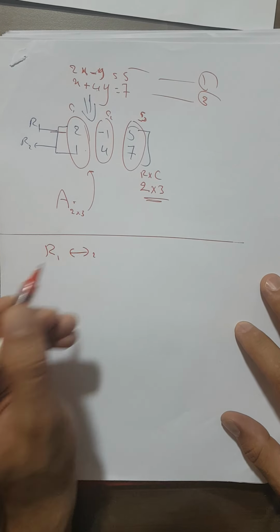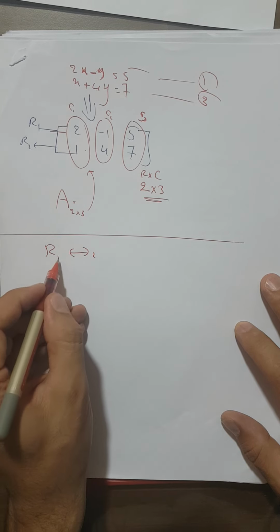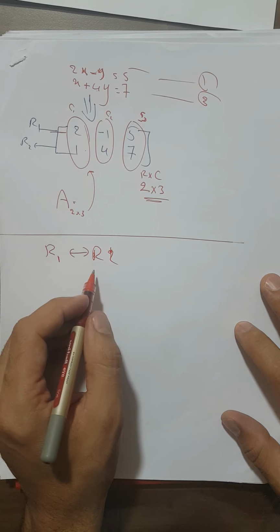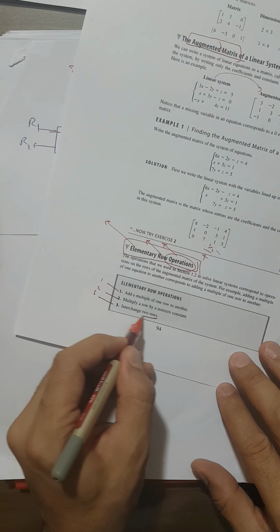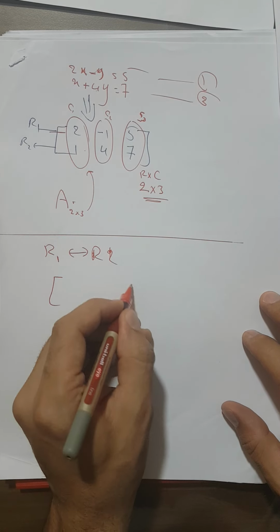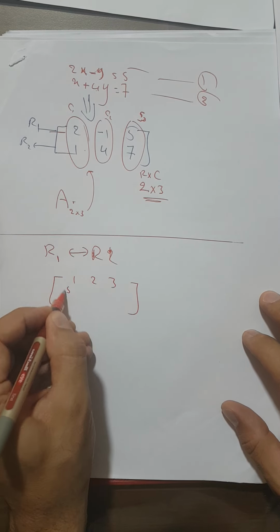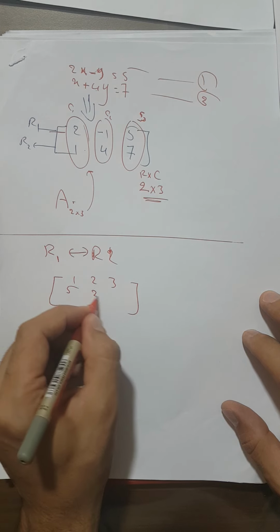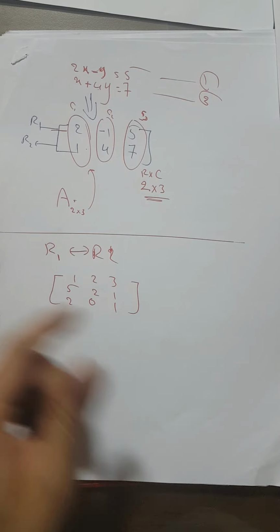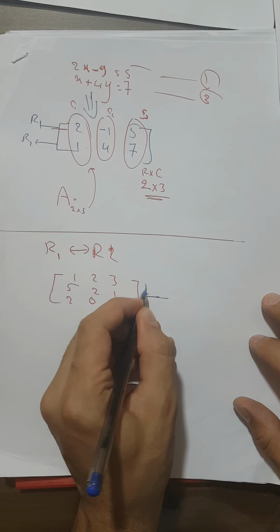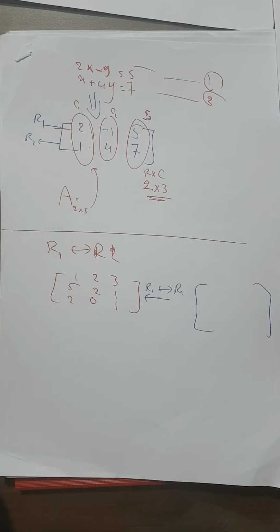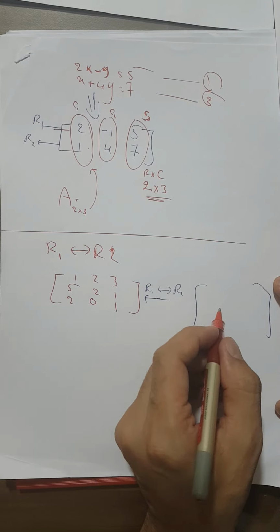Before we use these operators, for example, I say R1 is changed with R2. It means we use the third operation, which is interchanging two rows. So if your matrix is 1, 2, 3, 5, 2, 1, 2, 0, 1, and R1 is interchanged with R2, the matrix changes to this matrix.